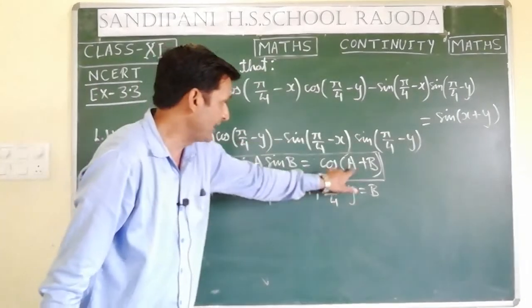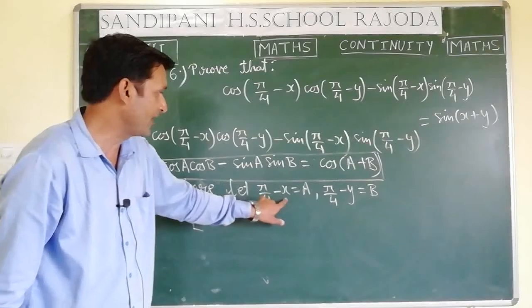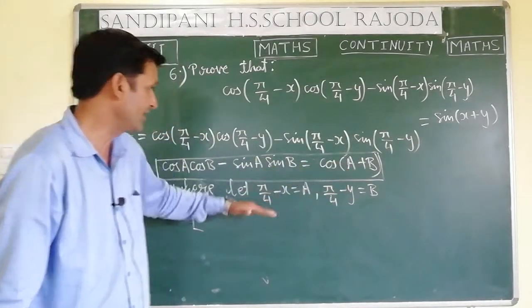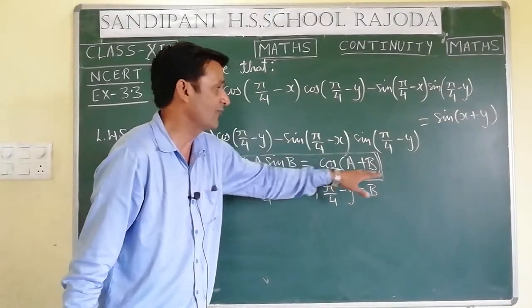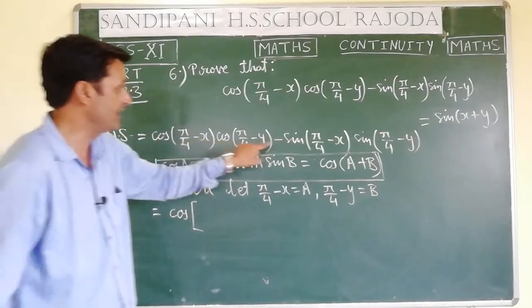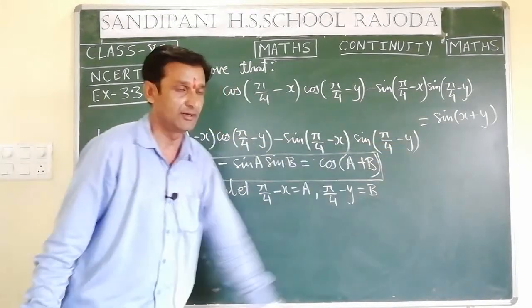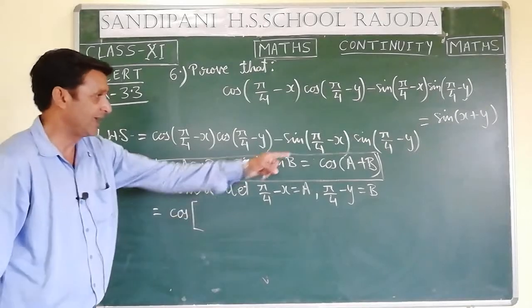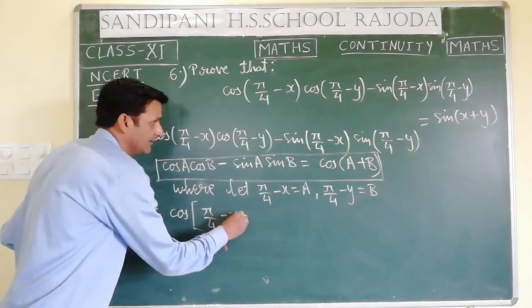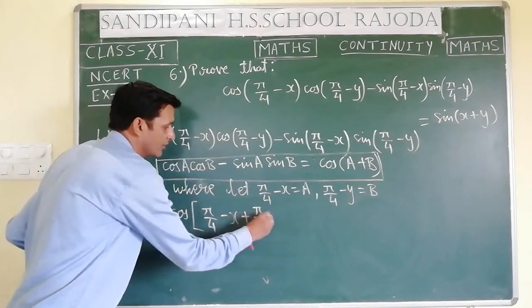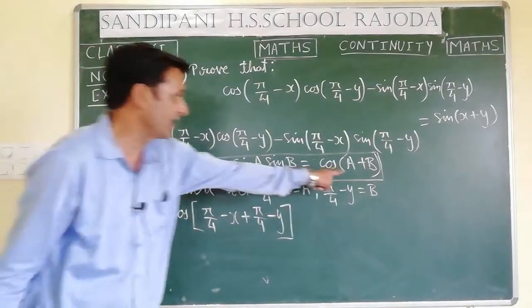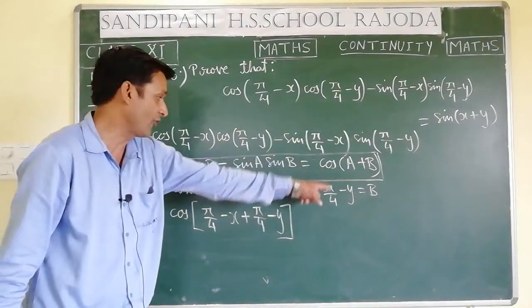So in place of A, our value is pi by 4 minus x. In RHS of this formula, we have to mention these values of A and B, because LHS is already given there: cos A cos B minus sin A sin B. So cos A plus B means pi by 4 minus x plus pi by 4 minus y. These are the values of A and B in our RHS of the formula.